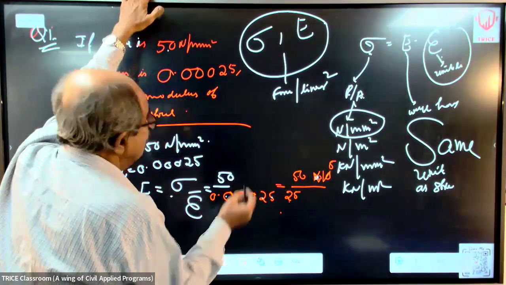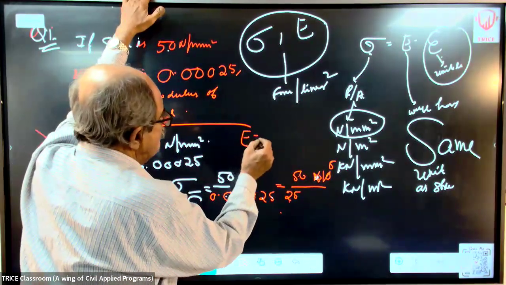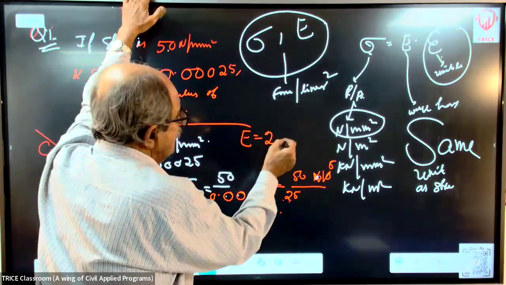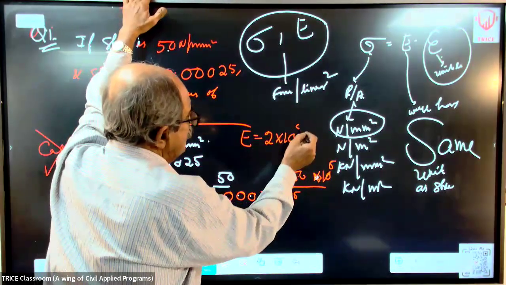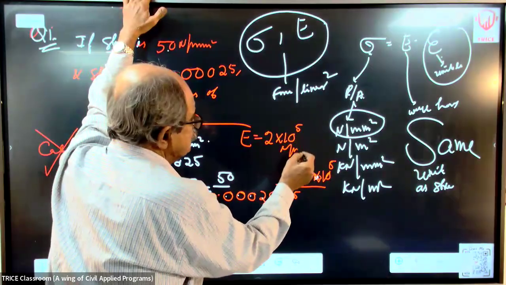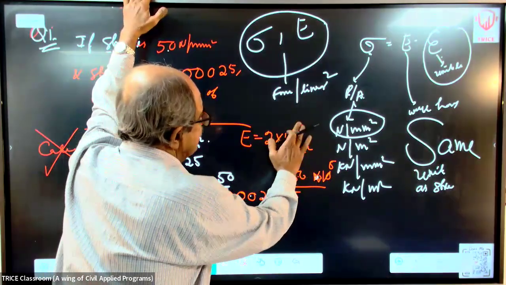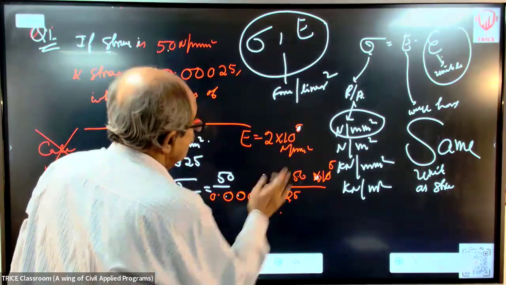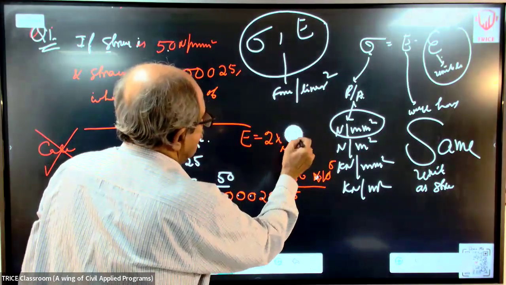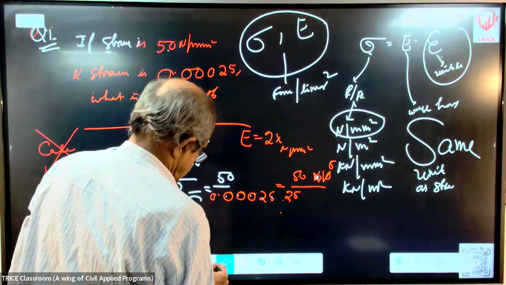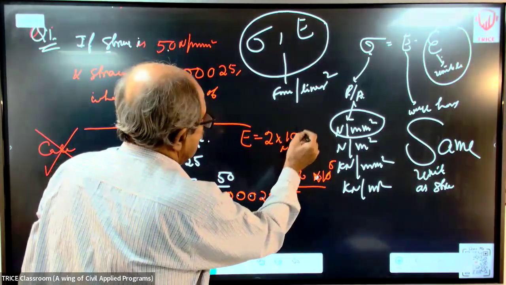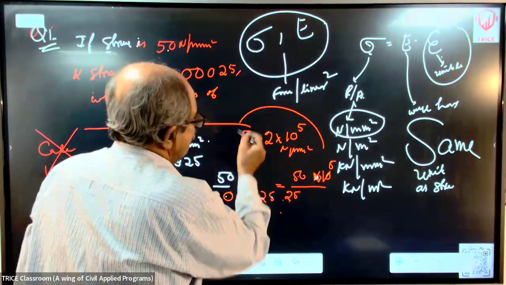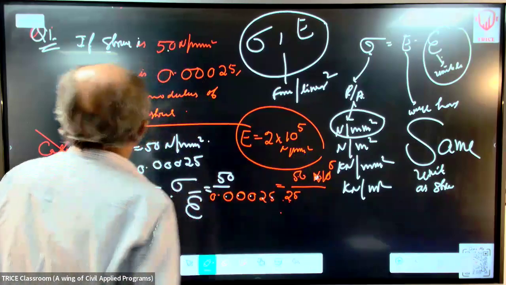Your answer is E equals 2 into 10 to the power 5 Newton per mm square.